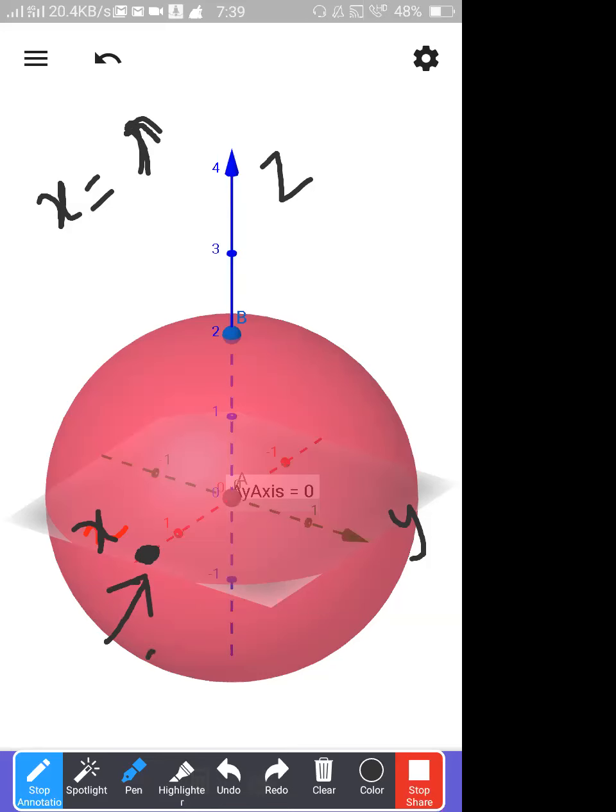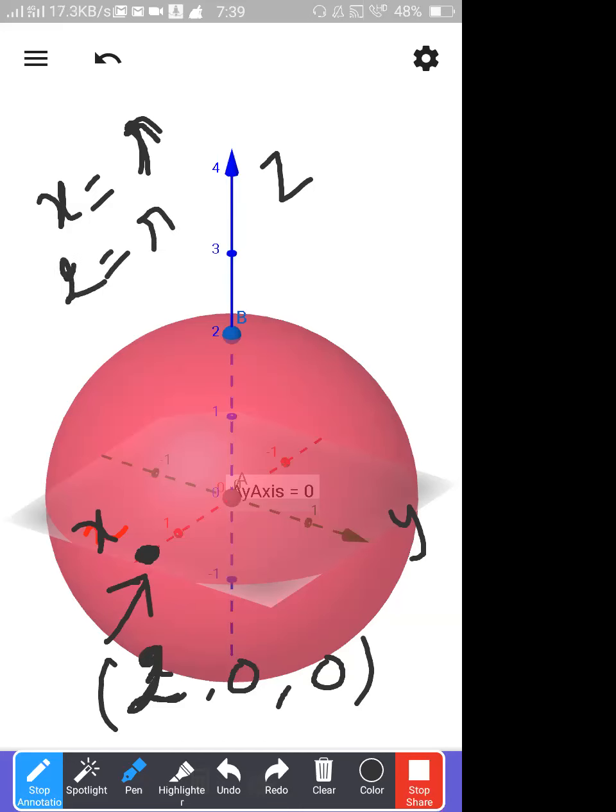Say if the radius of the sphere is 2, then it is very clear that you have chosen 2 on the x-axis. Then what is the value of y? Exactly, you are on the x-axis, so y is 0 only. What should be the value of z? 0 only, because you are exactly on the x-axis. So x equal to 2 is equal to what? r is equal to 2.